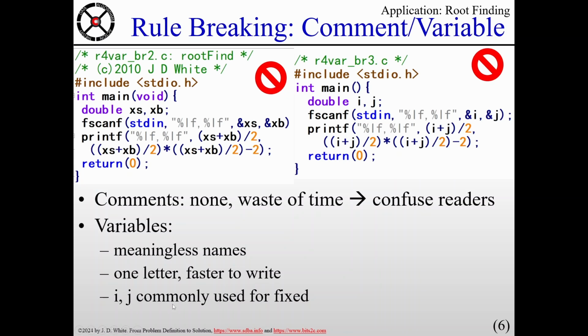In computer programming, I and J are usually used for integers, fixed point numbers. So by doing this, I'm really confusing anybody trying to read this code who's used to C or Python coding, because we always use I and J for counters, for adding 1, 2, 3, 4, 5. We never use them as a double. You will never see anybody using I and J for a double.